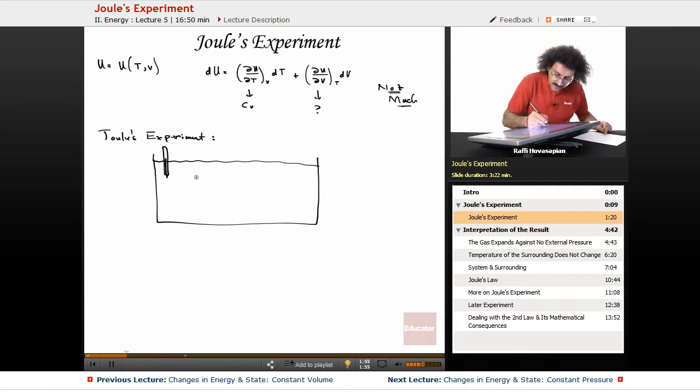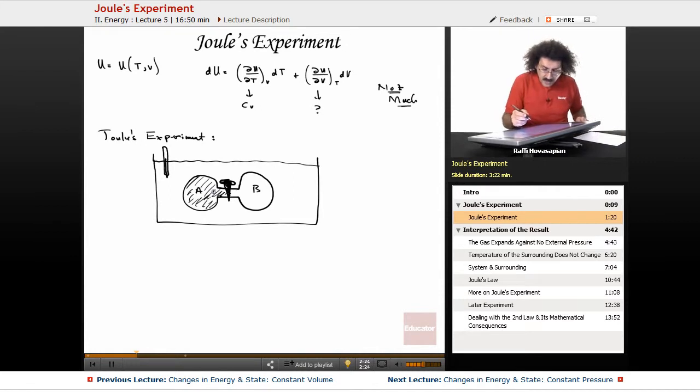Let me go ahead and draw this little apparatus in here. Okay, so this is A and this is B, and I'll shade this one in.